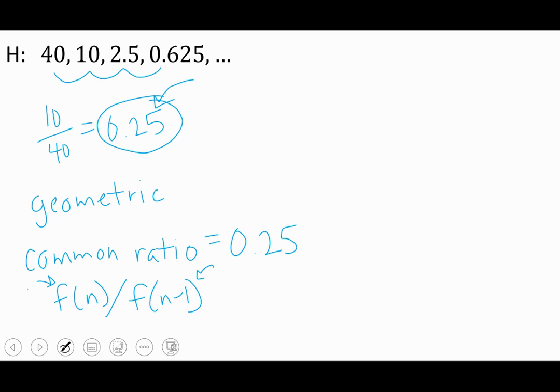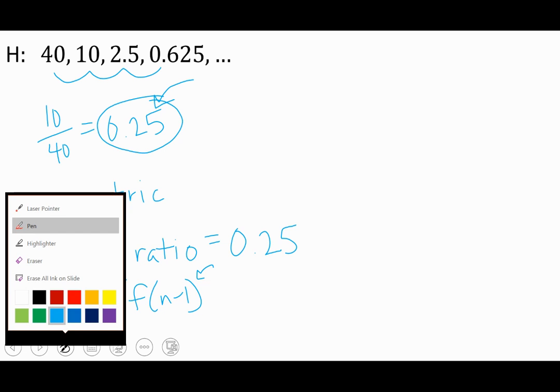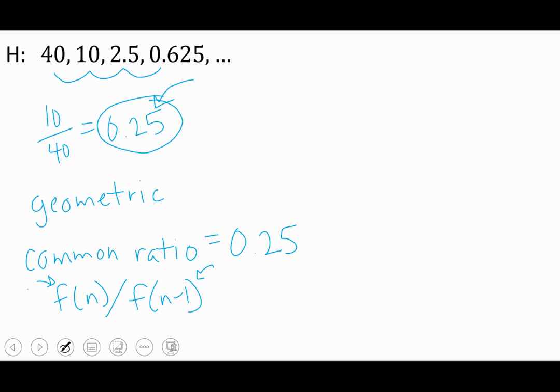So again, we're going to write that recursive formula for this, and remembering that there's three parts to the recursive formula. So if I say this is term 1, 2, 3, and 4, my recursive formula starts with defining the beginning term. F of 1 equals 40.